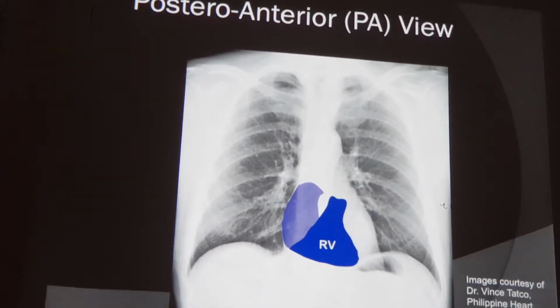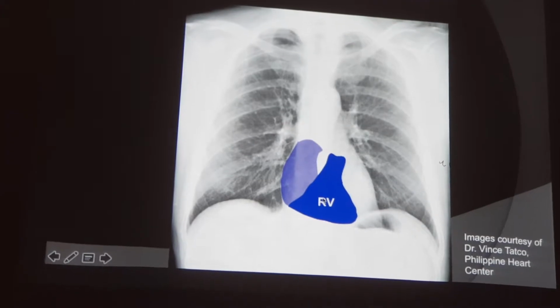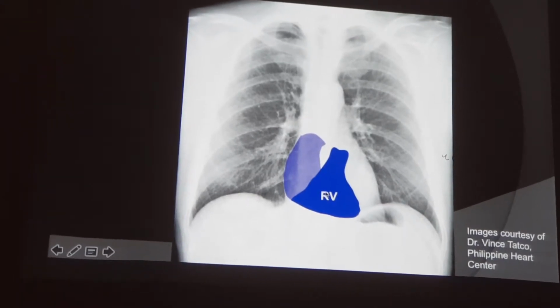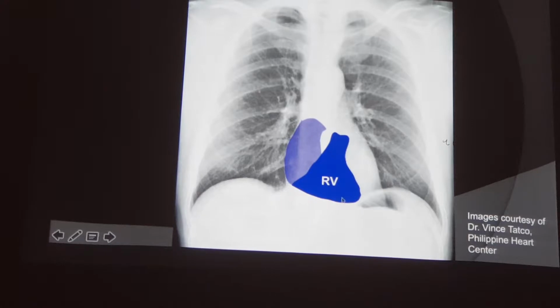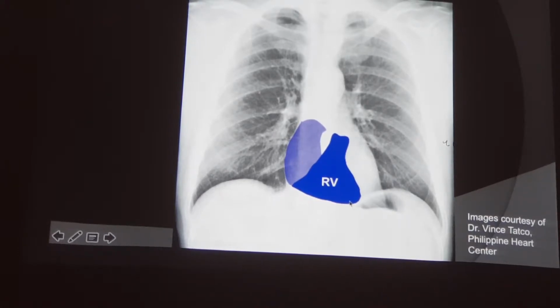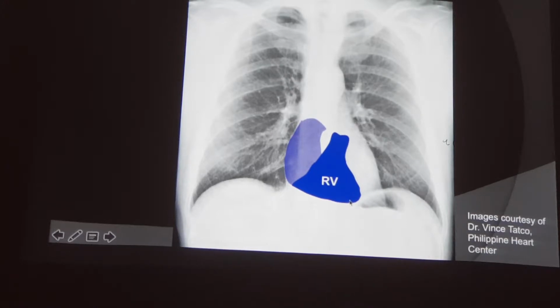Right ventricular enlargement is harder to see because it does not form a border in the PA view. But if it's there and it enlarges, in the PA view, it's going to push the cardiac apex laterally and slightly superiorly.